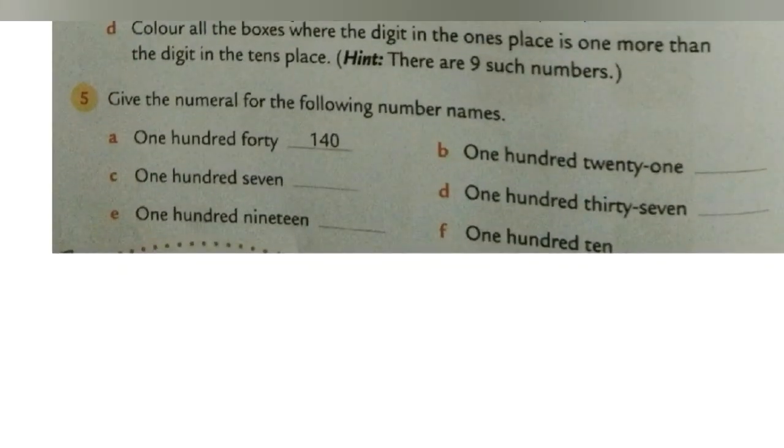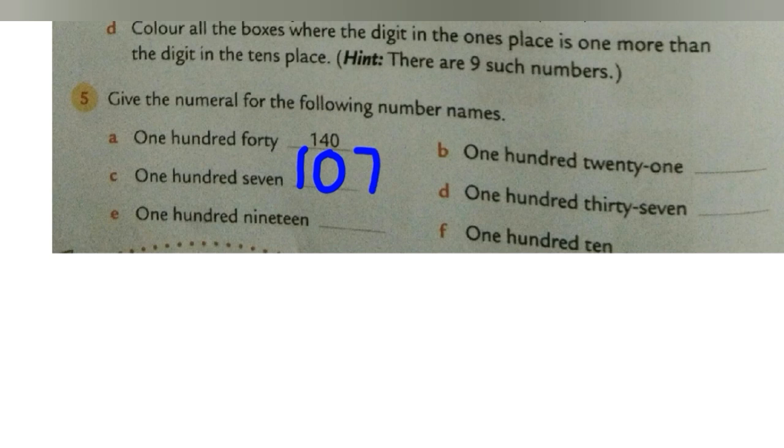Okay. Now the next question. Here you have to write the numbers for these number names. The number names are already written. You have to just read out and write the number. First one is already done. Check out the next one. 107. So in 100 place we will write 1 and only 7 is given. Nothing is given in tens place. So what you will write? In tens place you will write 0 and in ones place 7.